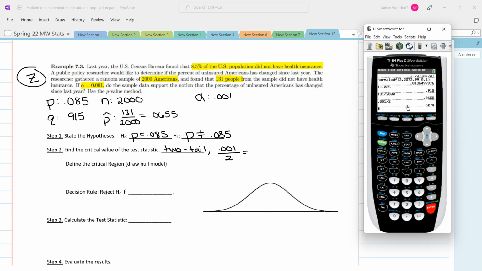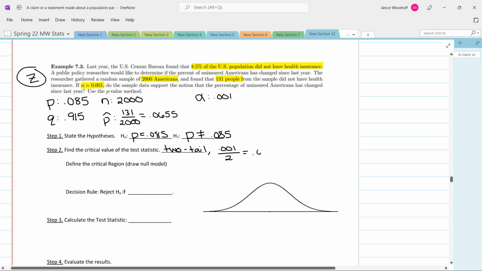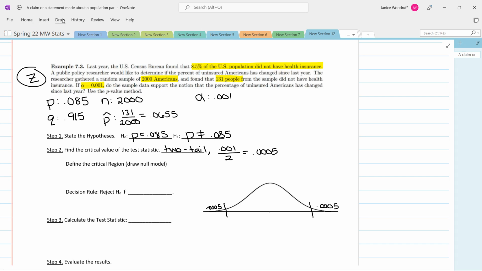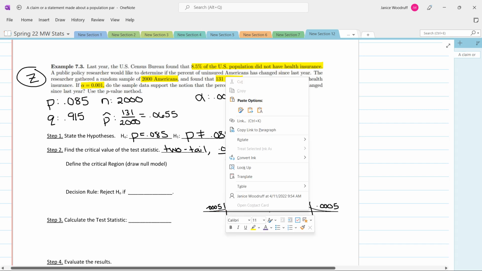So 0.0005 on either side here. So this is going to be pretty far over. So 0.0005 on the left, 0.0005 on the right. These will be our rejection regions.